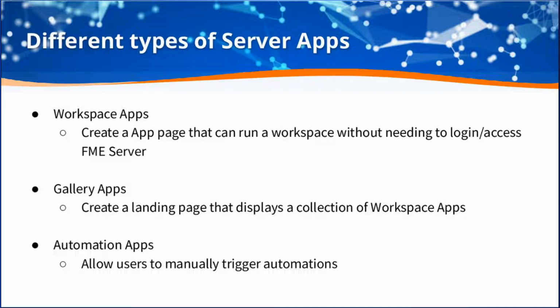Then gallery apps, which is a landing page where you can collect all those separate workspace apps in a single page, and the users can access whichever workspace they want from the gallery app. And then automation apps, which are new in 2022.2, and allow users to manually trigger any automations that you'd want to build.